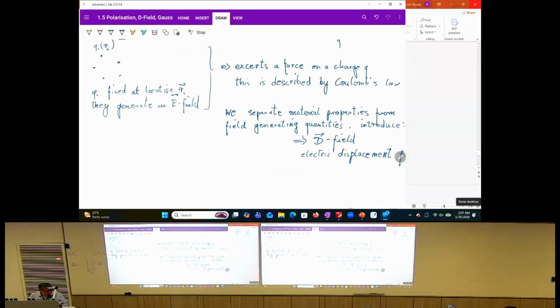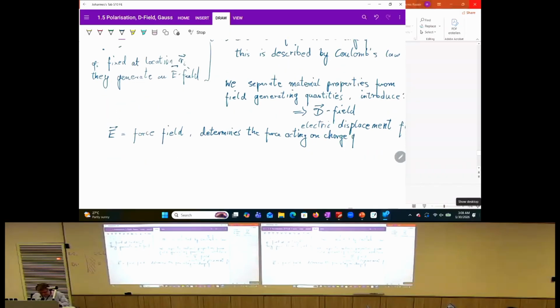The electric field is a force field. It determines the force acting on a charge, because it has been obtained from the force by dividing by the charge. So the electric field remains a force field, force per charge, and it is a useful quantity as it determines the force acting on charge Q.